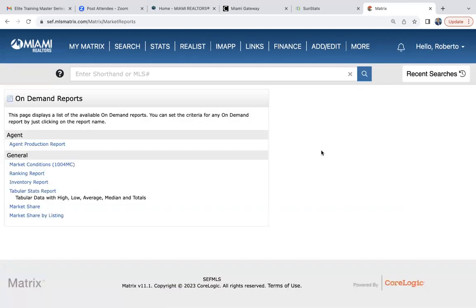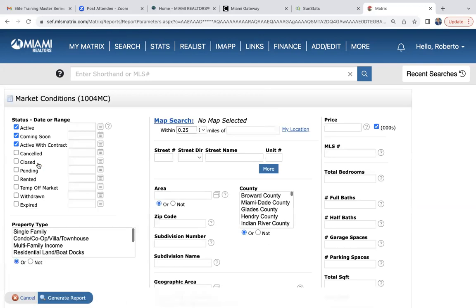All right, so we want to learn how to determine whether a market is a buyer's market or a seller's market and how the market is actually behaving. That's done by running a market conditions 1004 MC report. So you'll see it under general. We're going to go ahead and click on market conditions 1004 MC.